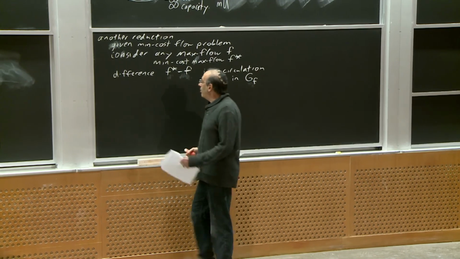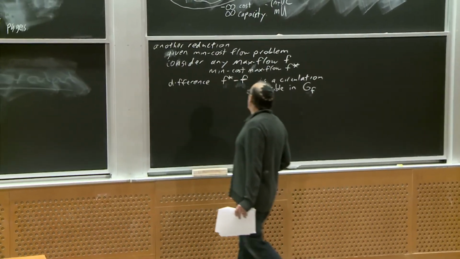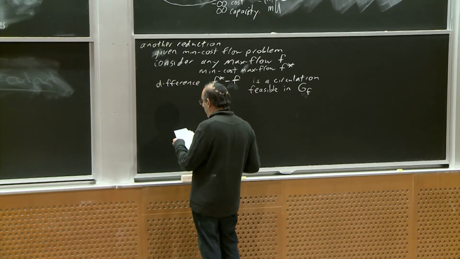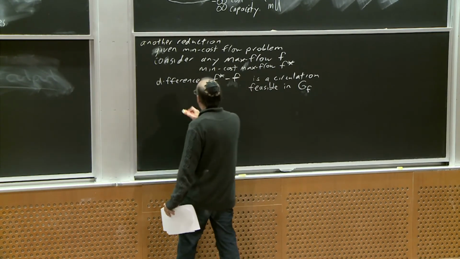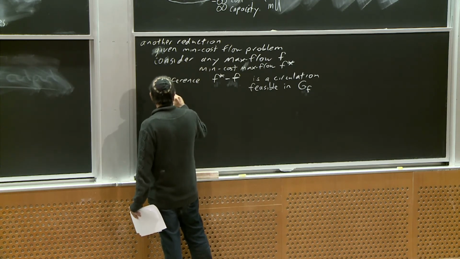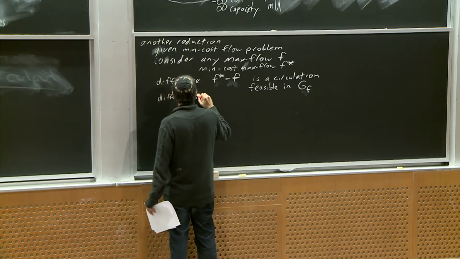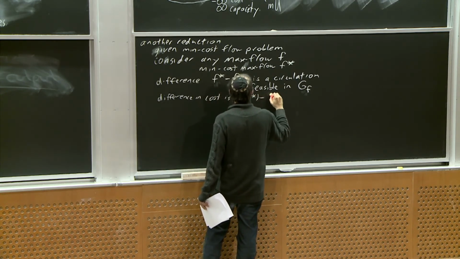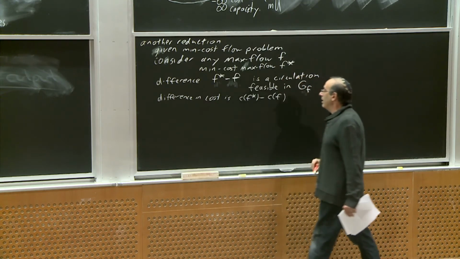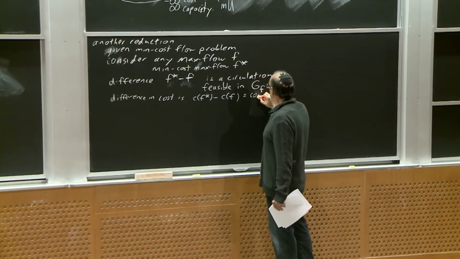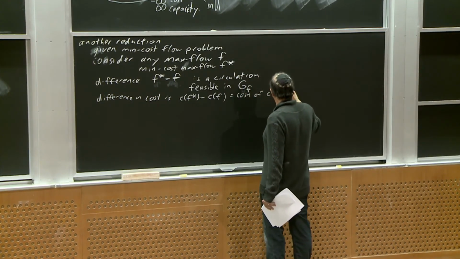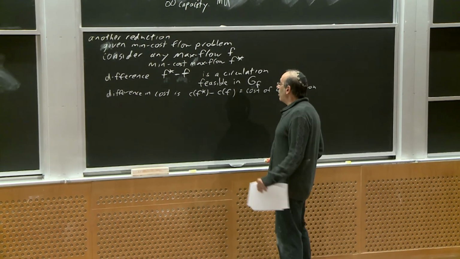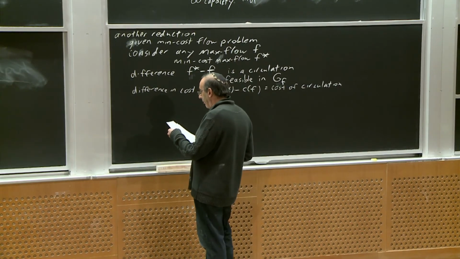And so put this all together. The story that we have is that the difference between any two flows is a circulation. And the difference in cost is, of course, the cost of F star minus the cost of F. That is the cost of the circulation.